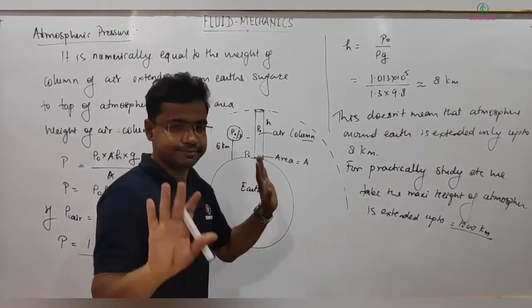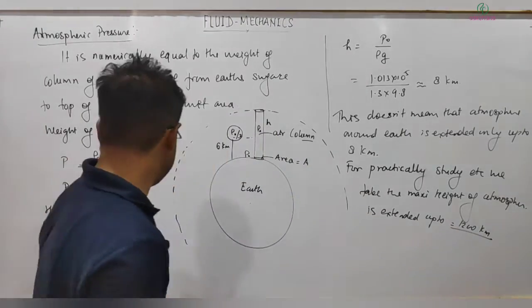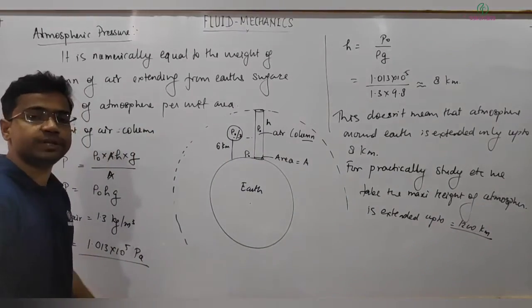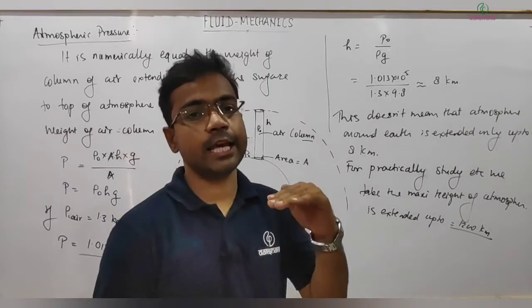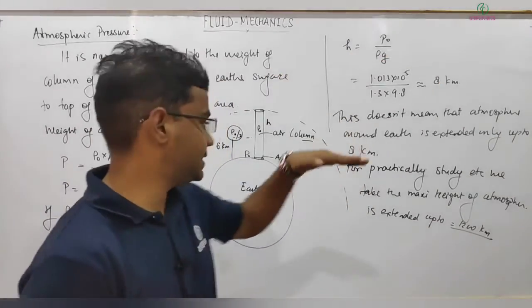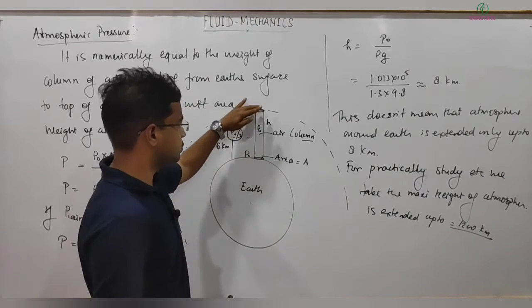So in simple terms, atmospheric pressure, which we say is 1.013 into 10 to the power 5 Pascal, is equal to the weight of the air column that extends from Earth's surface to the top of the atmosphere.